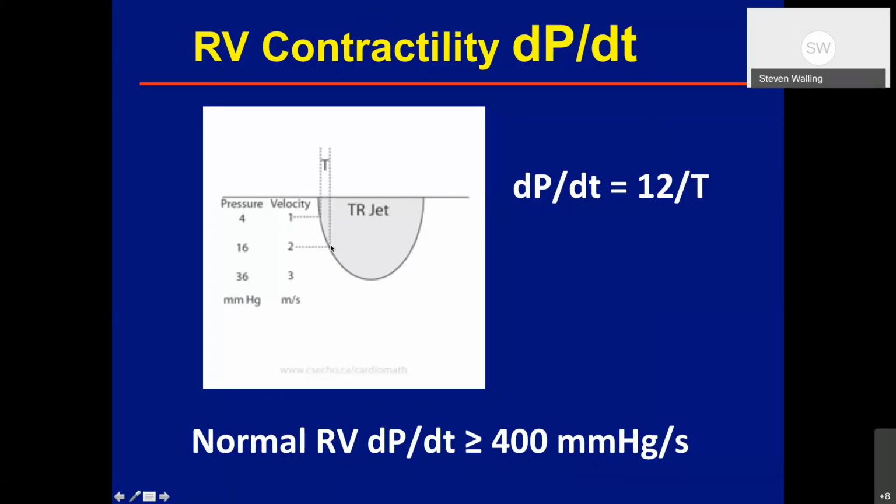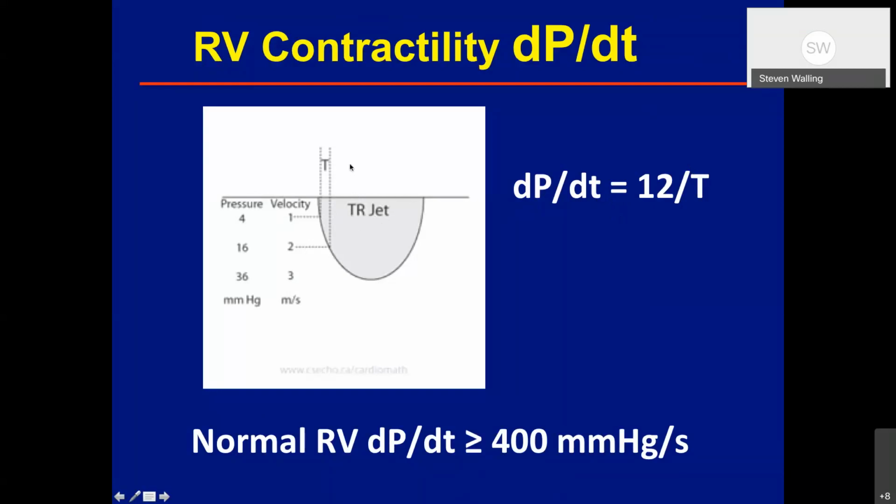You all remember the Bernoulli formula, 4V squared. And this is how it comes to the dP/dt in the RV setting: you use 12 divided by the time between 1 meter and 2 meter.